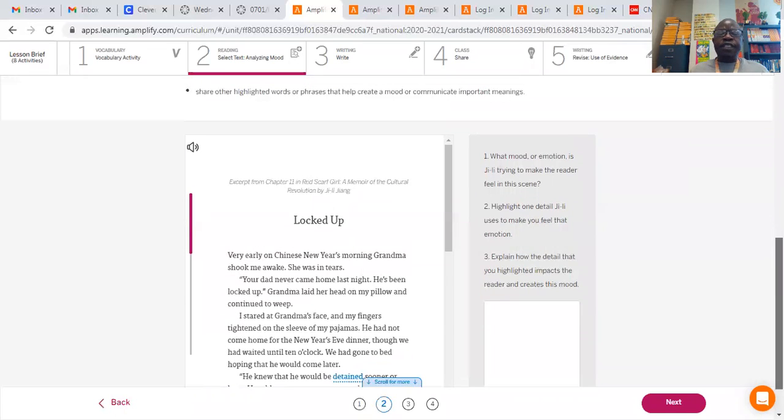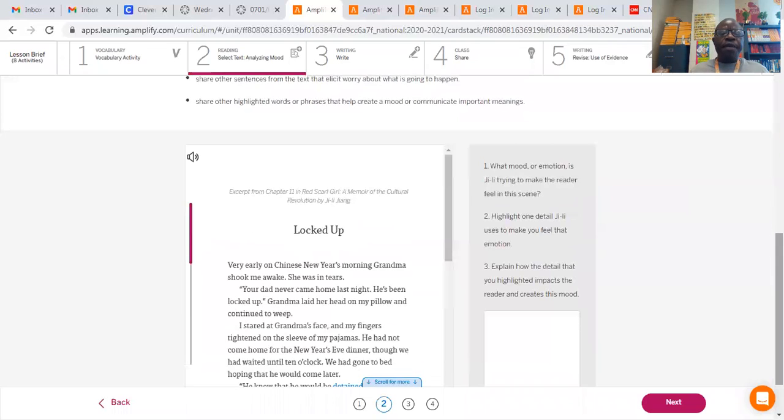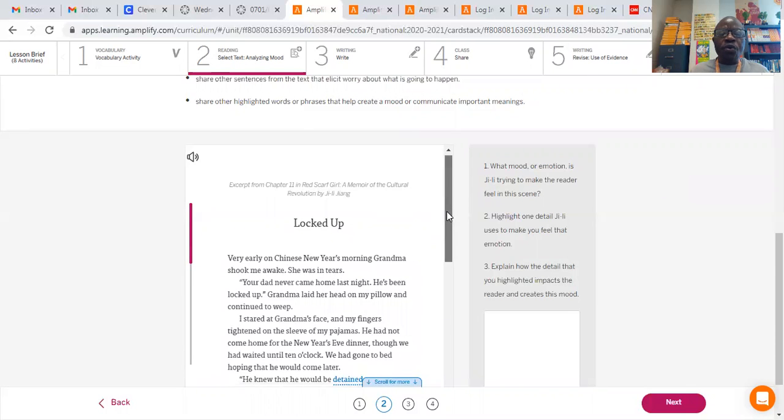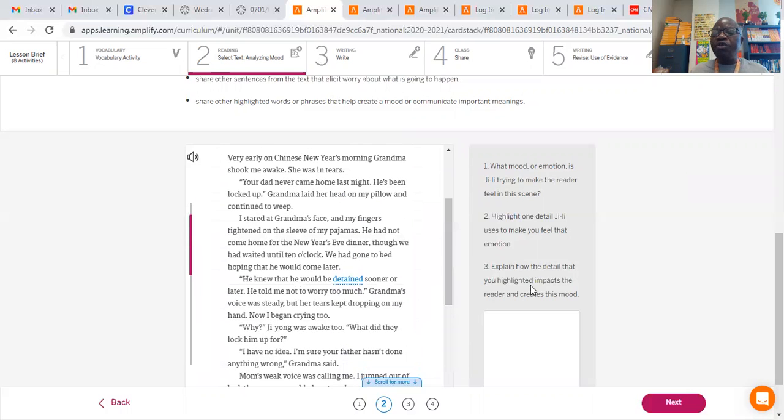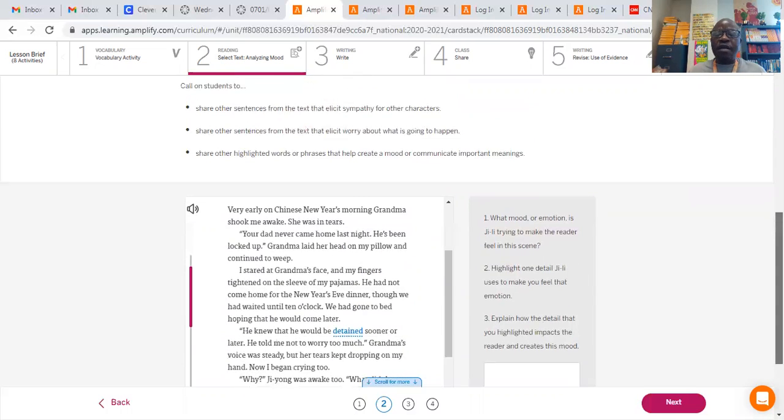For the sake of time and the space we occupy in Zoom, I will not be able to read the whole text. I just want you to listen to this text and then do the activities as they come. So, for example, here, upon reading this passage, we need to answer these questions.